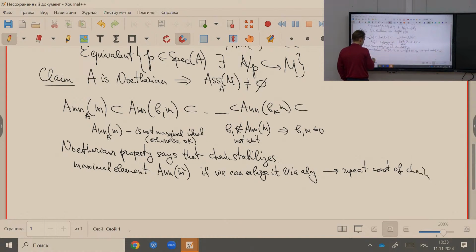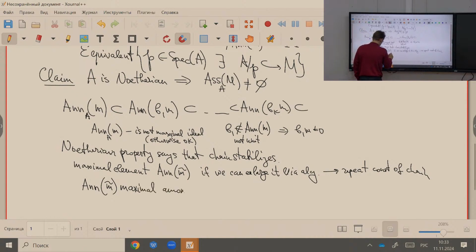Otherwise we have an annihilator which is maximal among such ideals, among annihilators.